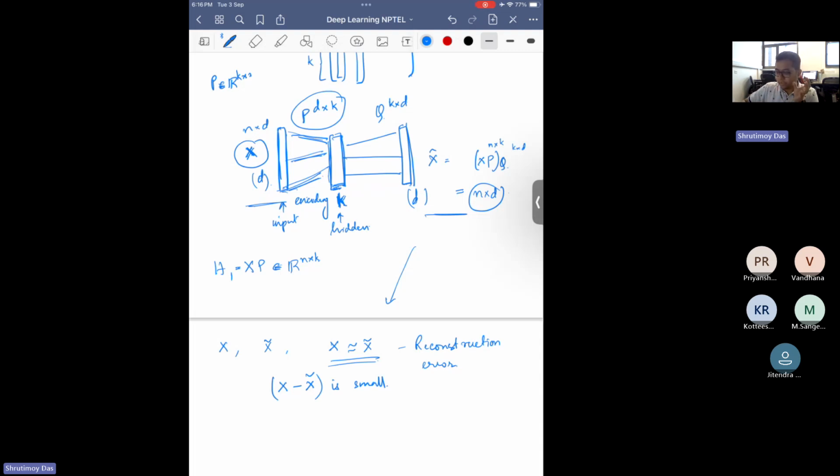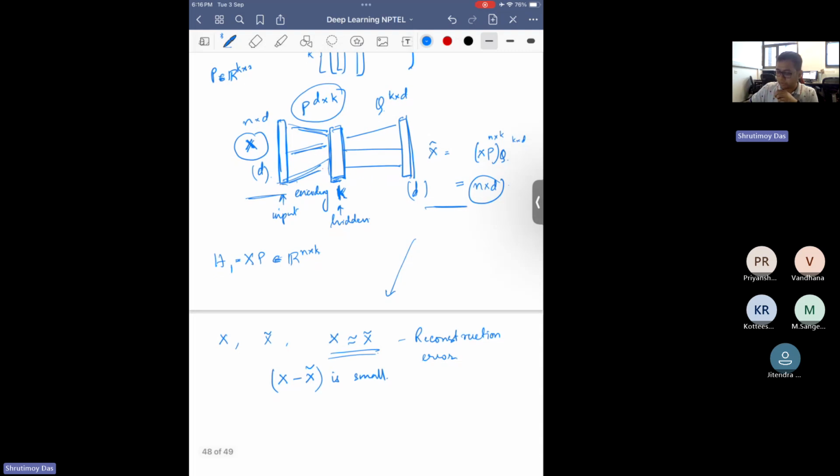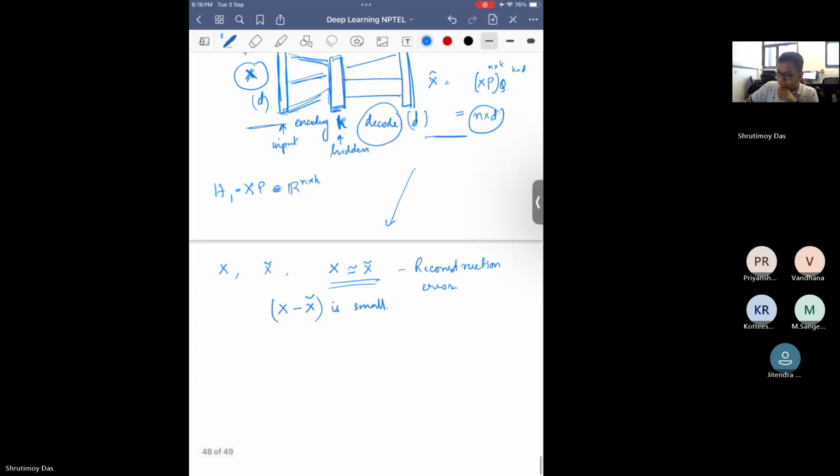So you have your data in, say, 100 dimensional space, and here we are encoding it into a smaller dimensional space, say k, and then this is a decoding layer. The decoding layer transports your data from this lower dimensional space back to the original space. The original space was 100, we took it to a 50 dimensional space, and now again we are taking the data from the 50 dimensional space to the 100 dimensional space. So this is the decoding part, right? I'll refer to k as the encoding dimension.